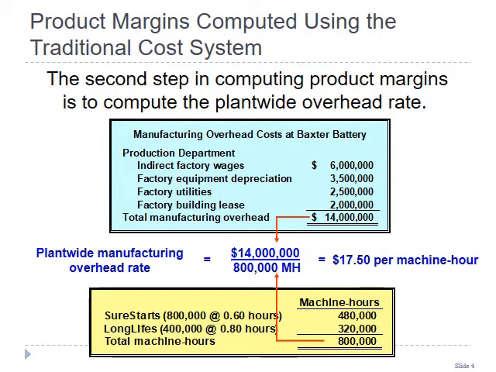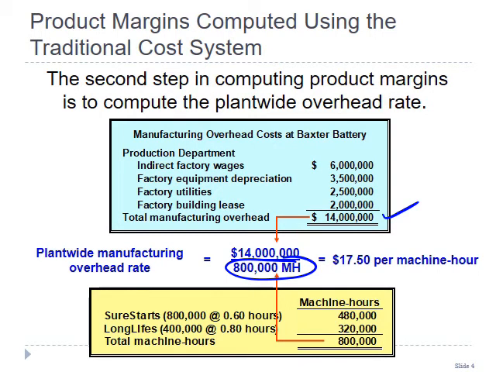So we know that if we are using a plant-wide system based on manufacturing overhead, the total manufacturing overhead is 14 million. So 14 million divided by 800,000 machine hours.